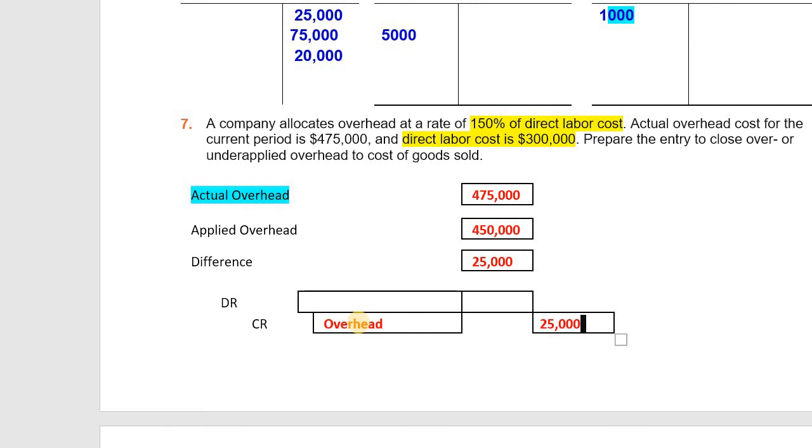And as we increase that overhead, what are we going to do? We're going to reduce our profit eventually because we'll have incurred more cost of goods sold. Remember, that's where all of our costs eventually end up. So that's why we fix cost of goods sold to adjust the overhead to match the actual.